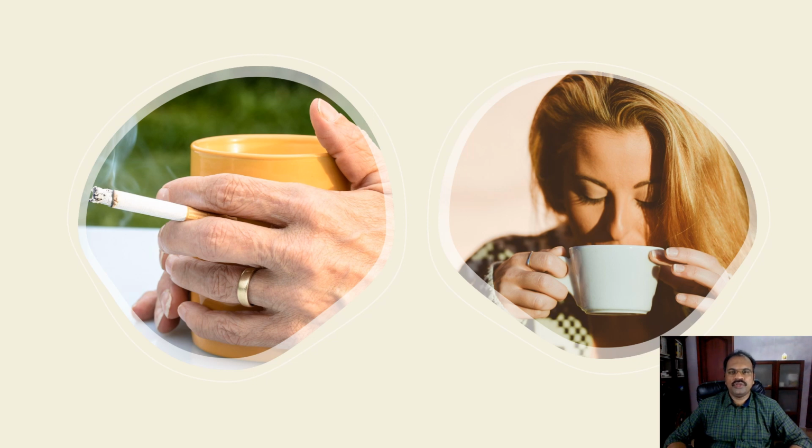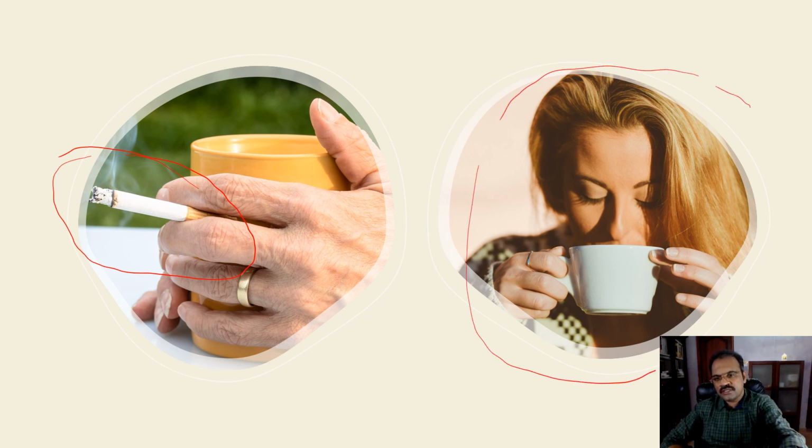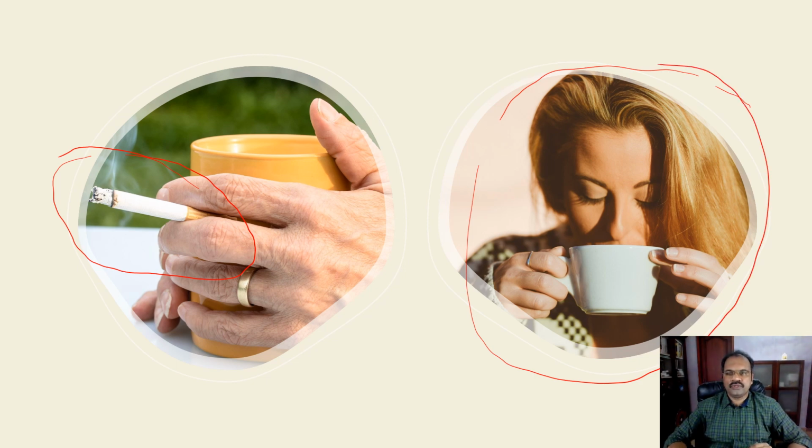But subsequently, some other studies came which actually showed that it is not the coffee that is the culprit here, but most of those who drink coffee excessively also are smokers. So basically, the cancers were a result of the cigarettes, not coffee itself. So here, in the initial studies, we can say that the cigarettes were a confounding factor. The others did not consider the confounding effect of the cigarettes.